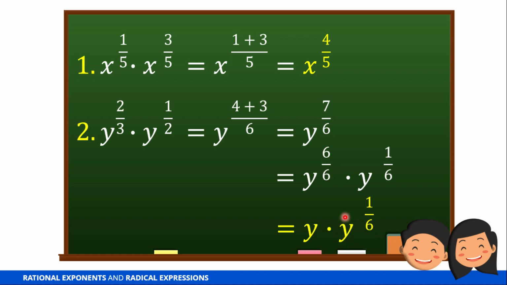So, pwede natin itong gawing radical form. Okay? Pwede siyang maging y times the sixth root of y kung ito ay tatransform natin into radical form. So again, kaya natin ito ginawa is dahil mas mataas yung numerator ng ating rational exponent kaysa sa denominator.